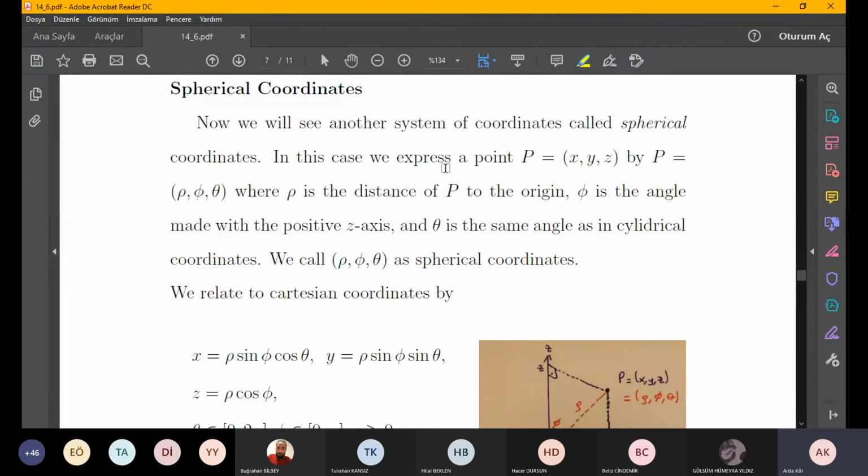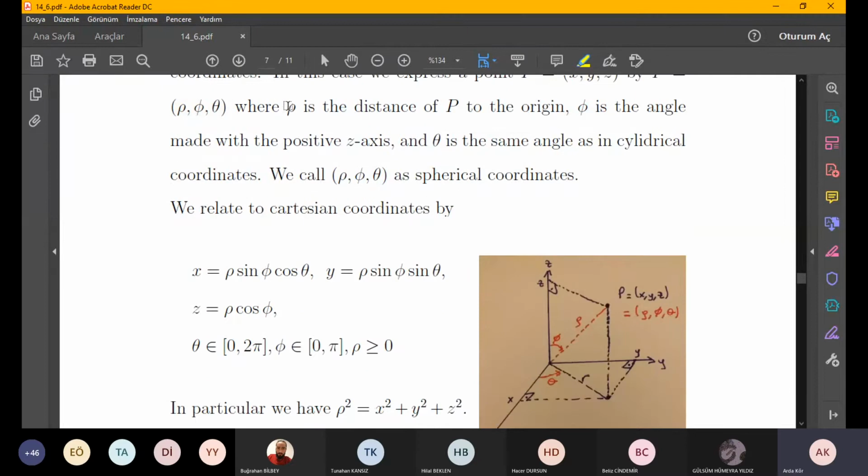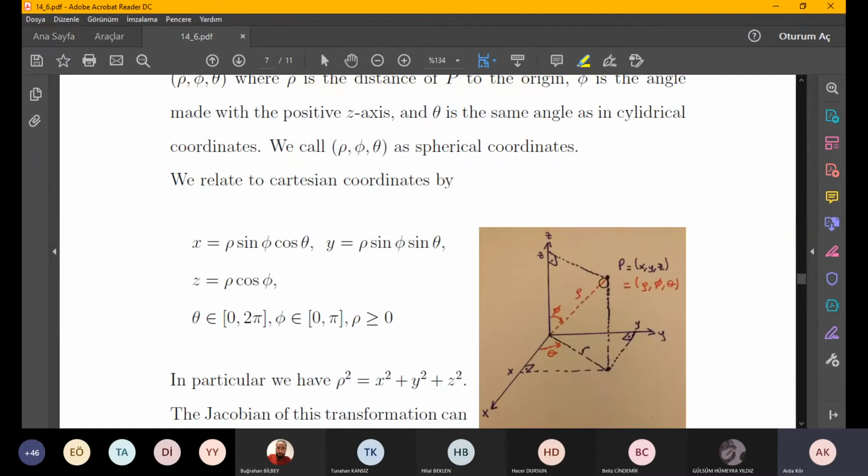So in this case, now we express any point P on the Cartesian coordinate system x, y, z by rho, phi, and theta. So here rho is the distance of P to the origin. This is rho. And phi is the angle made with the positive z-axis.